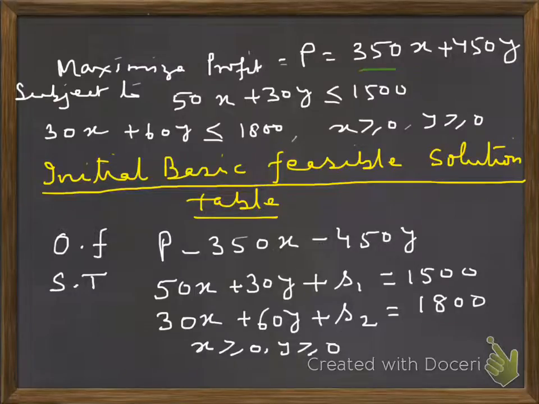Actually, the simplex method works similar to the Gauss elimination method while solving simultaneous equations. In the Gauss elimination method, you pick a variable and you do some elementary row operations to eliminate that variable from all equations except one, and that way it helps you in finding out the value of that variable.